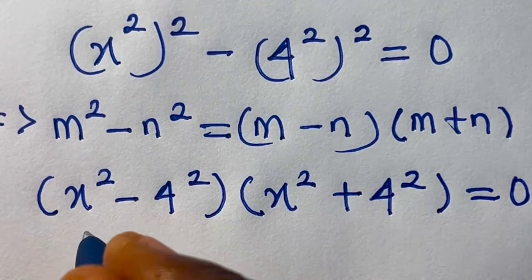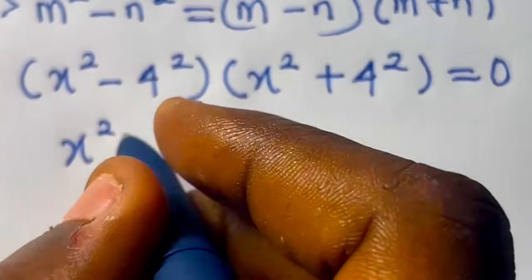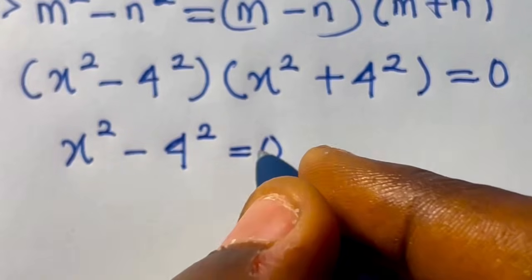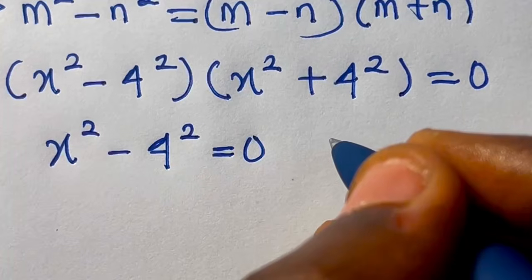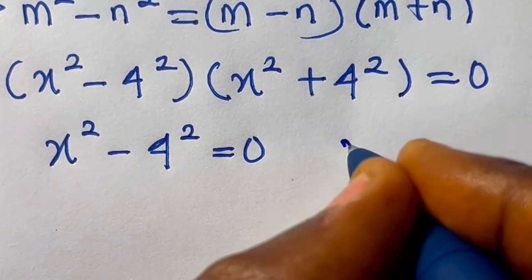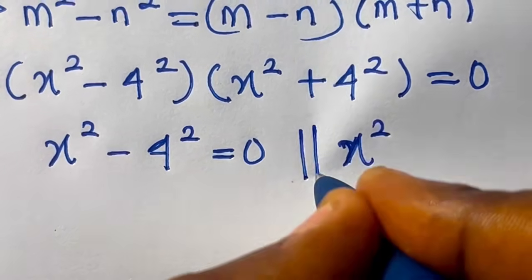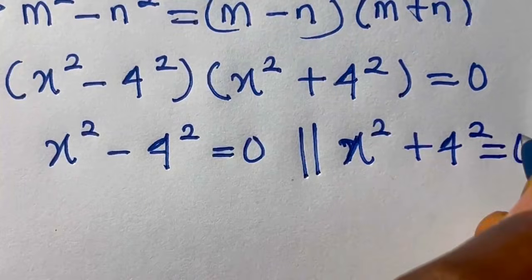So now we will have x squared minus 4 squared equals 0. That's the first expression we will have. And another we will have is x squared plus 4 squared equals 0.